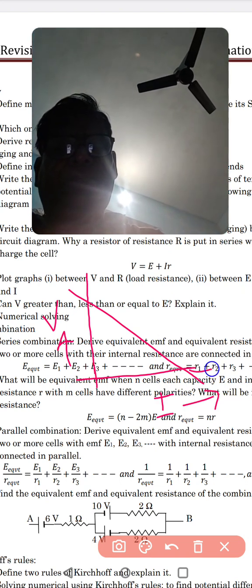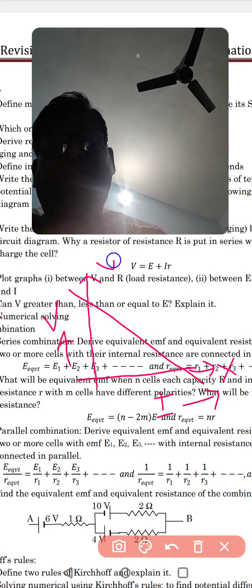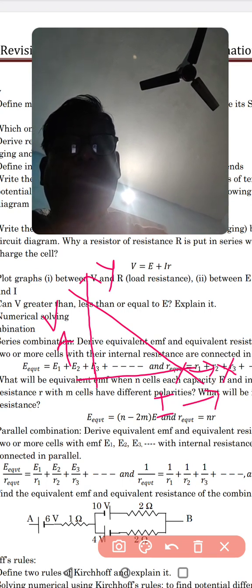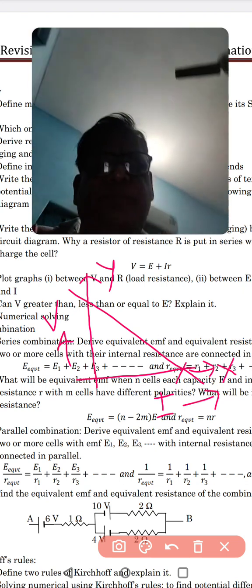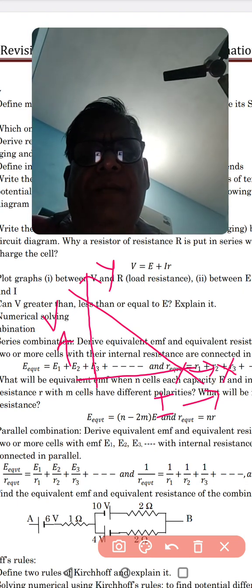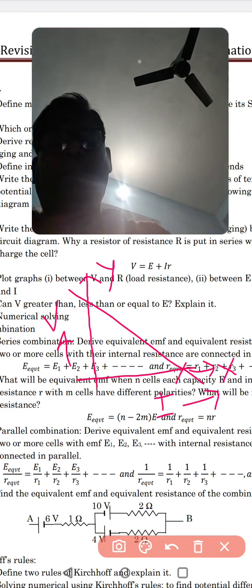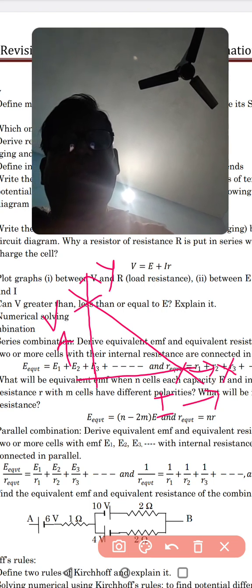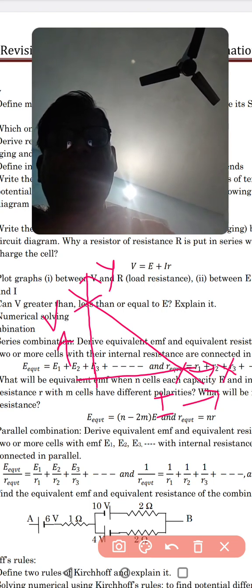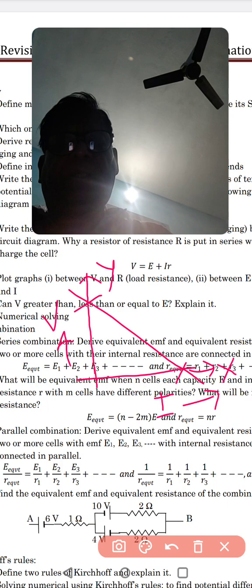On the x-axis it cuts at the value I equal to E by r, because V equal to 0, so I equal to E by r. On the y-axis it cuts at V equal to E.